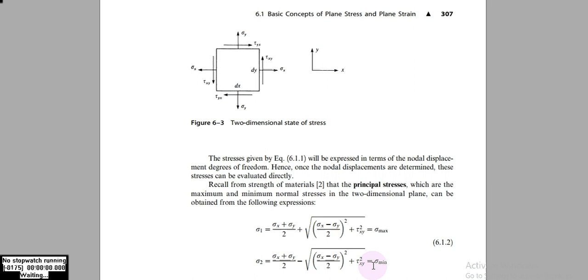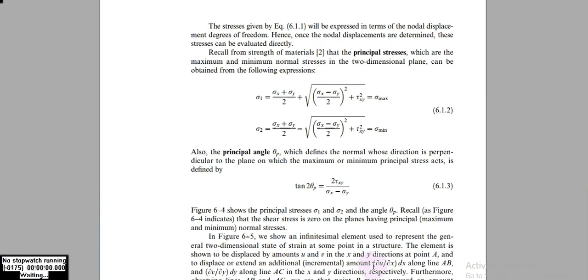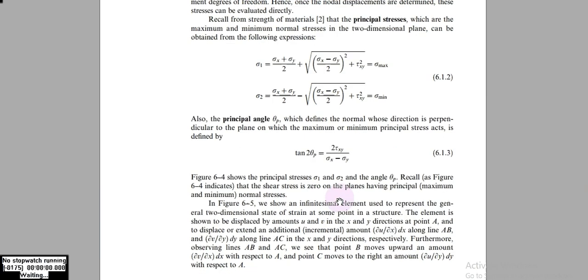So now we can find the principal angle, which is the normal whose direction is perpendicular to the plane on which the maximum or minimum principal stress is acting, and it is defined by tan 2 theta p equal to 2 tau xy divided by sigma x minus sigma y.